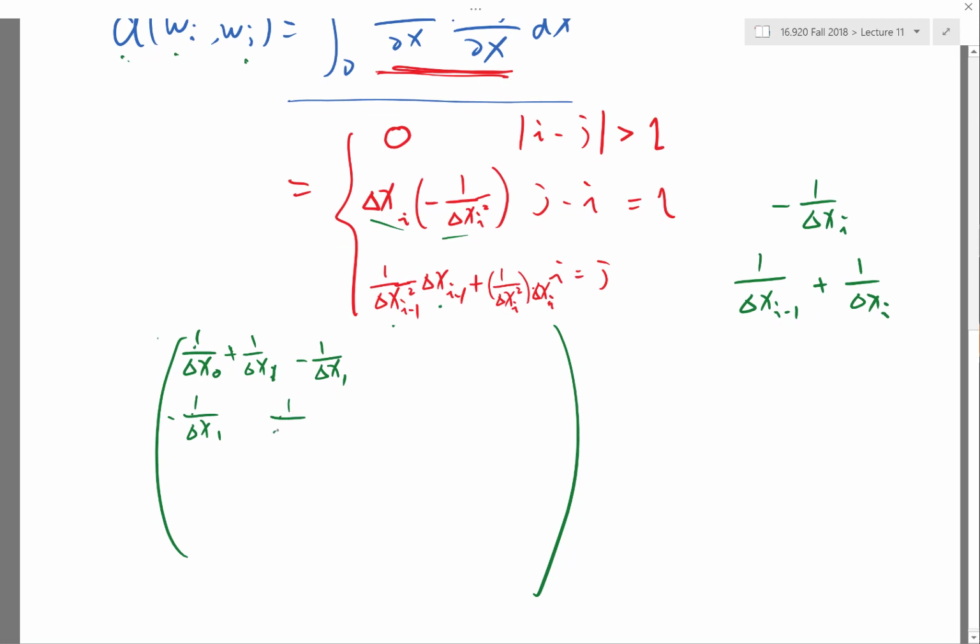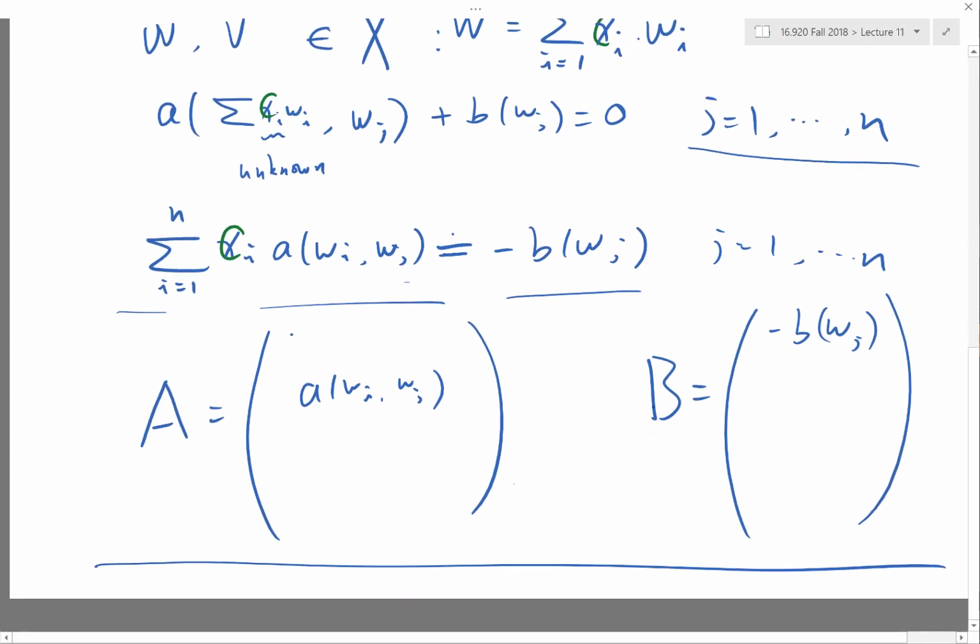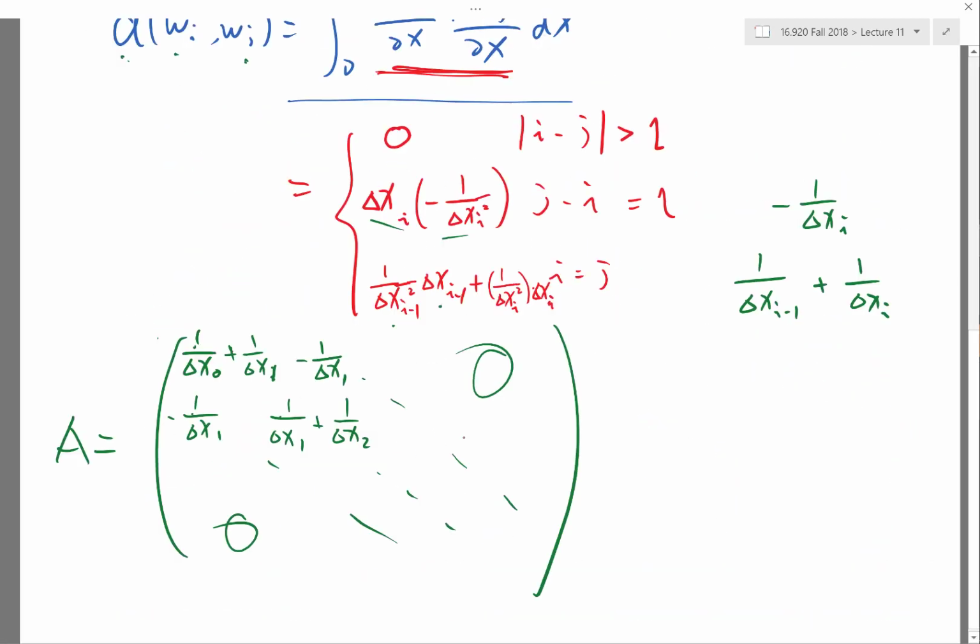And here is 1 over delta x1 plus 1 over delta x2, etc., etc. And it's a tridiagonal matrix because all of the upper and lower diagonals more than one entry away are equal to 0 completely. So this is going to be my matrix A. Does it make sense? It's the matrix composed of the pairwise basis functions going into the bilinear form. Any questions?